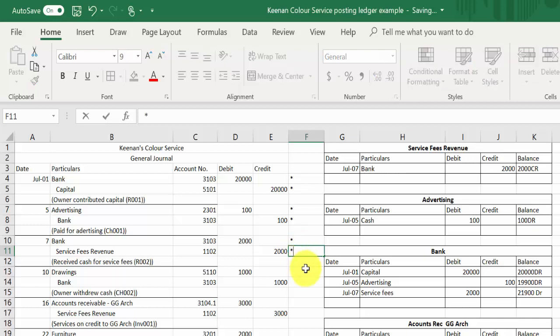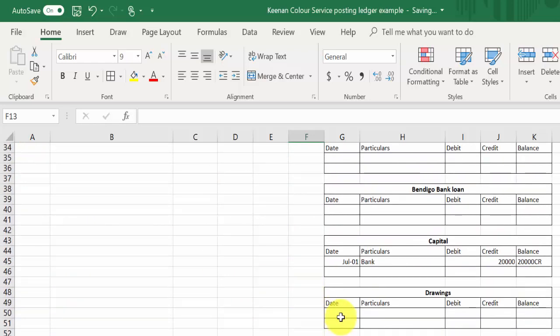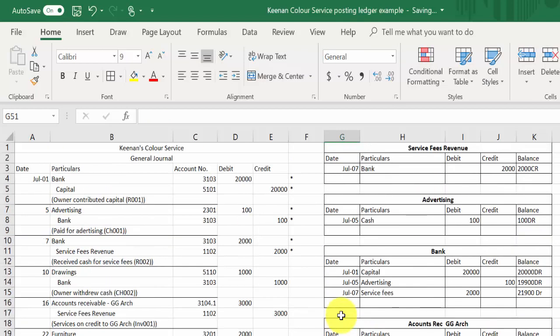I'm going to continue going down and show you how this is done. Here, drawings, $1,000. That is an owner's equity account. So down here on the 10th of July, the cross-reference is bank. It's $1,000. In this case it is a debit item, it's a debit balance, and I've got to obviously work out the amount that I took from my bank account.